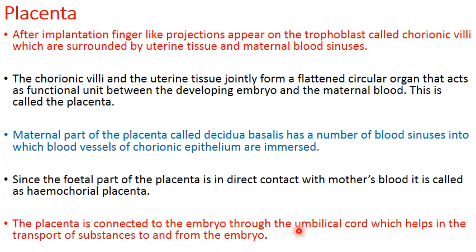The umbilical cord contains arteries and veins through which blood passes from the mother's blood into the fetus. But in the umbilical cord, the arteries transport deoxygenated blood from the fetus, while the veins carry oxygenated blood to the fetus.